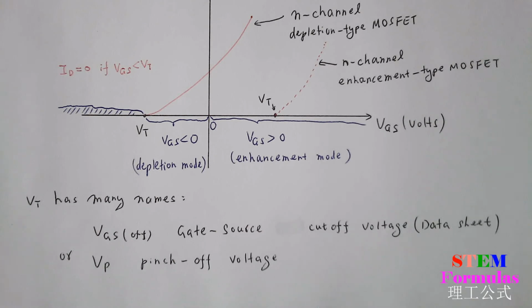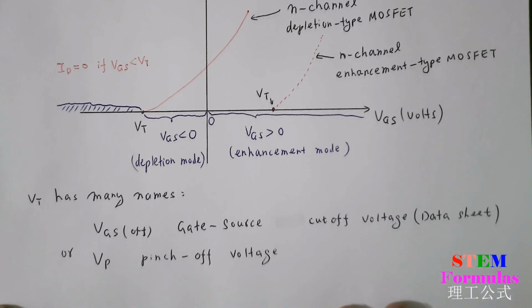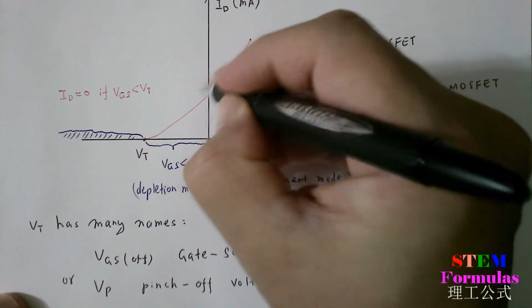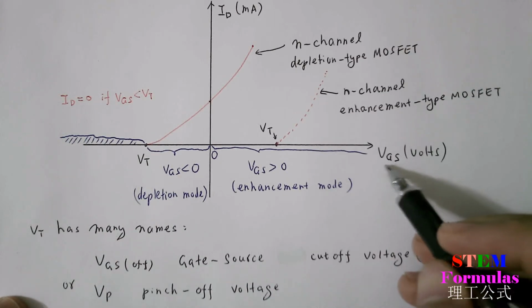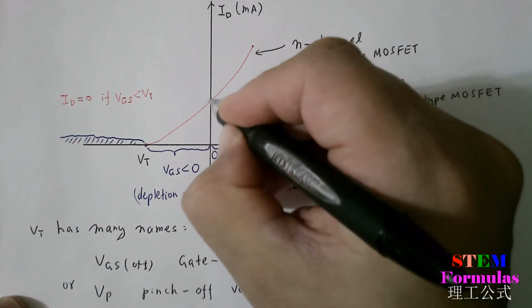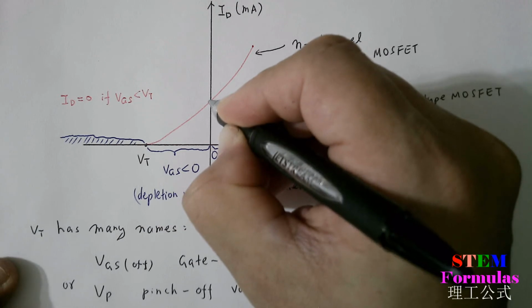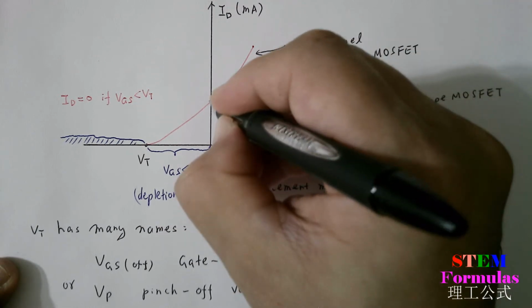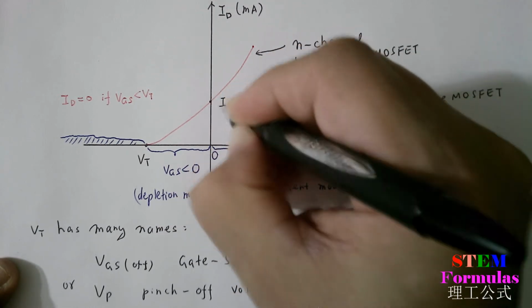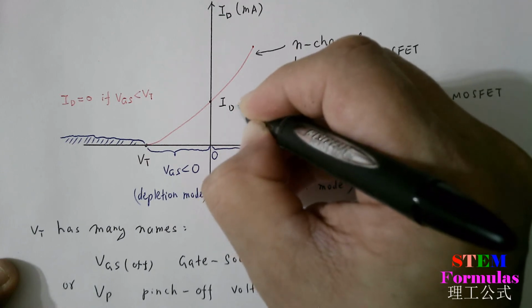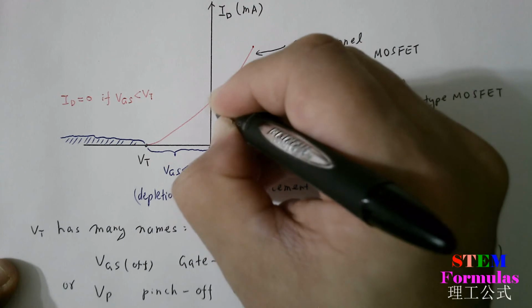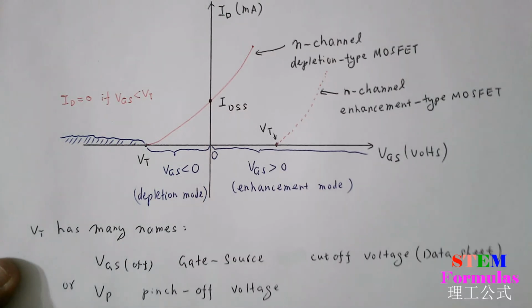Now, at this point, when VGS equal to 0, the current ID has the name IDSS.